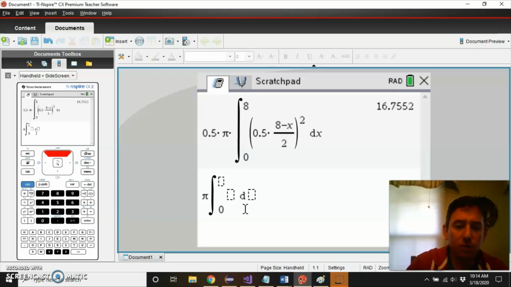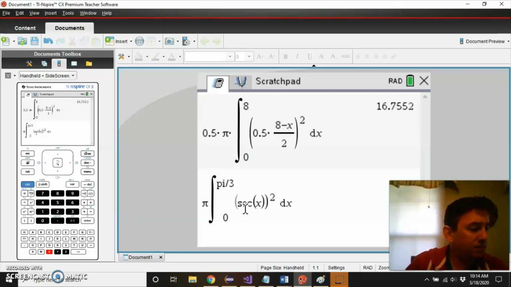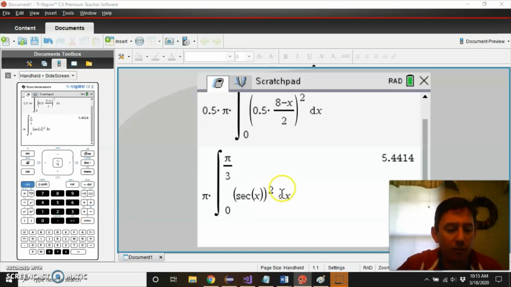The integral goes from 0 to pi over 3, and the radius is just secant x. So there we go, pi r squared from 0 to pi over 3, 5.4.